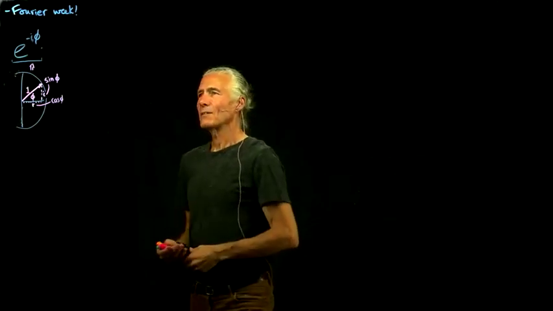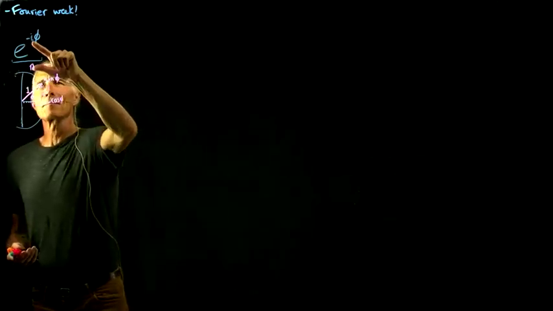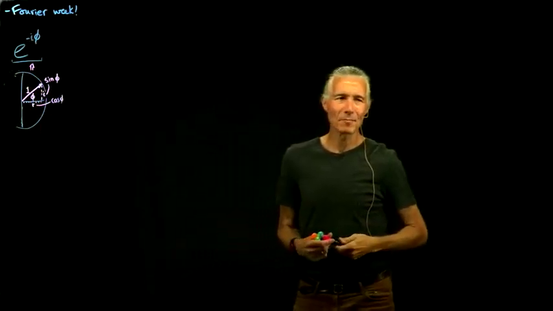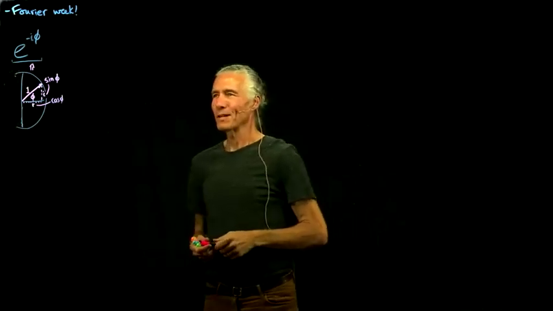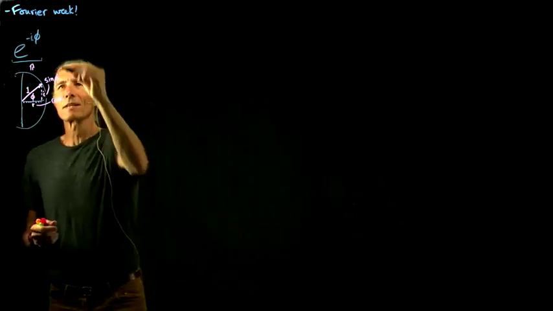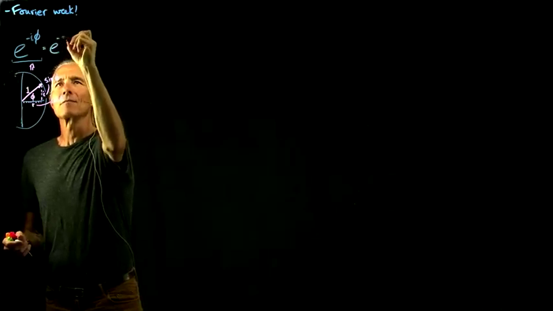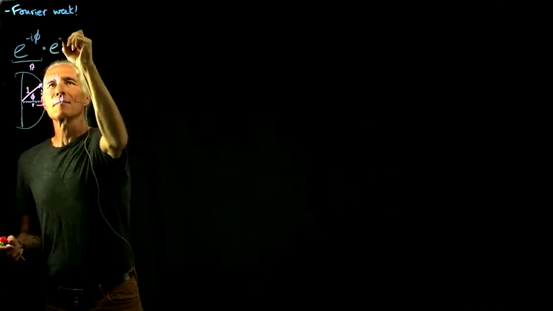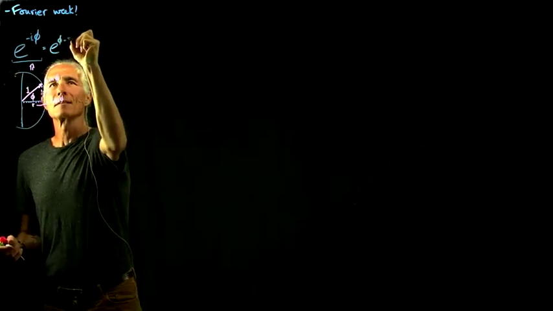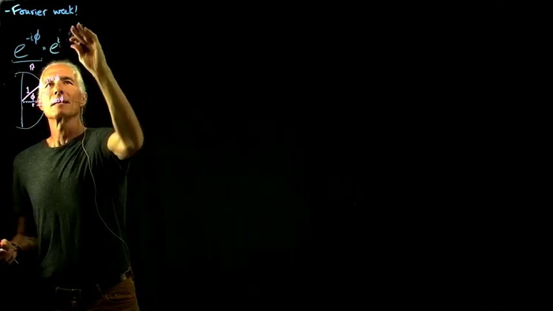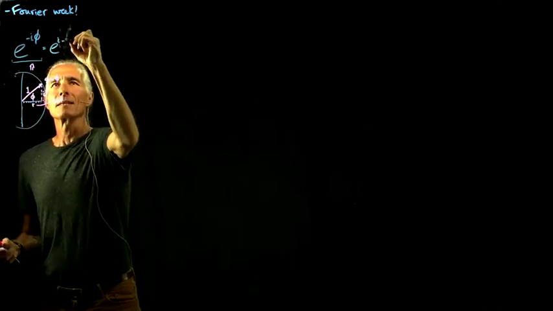A lot of times at the very beginning it's bad enough to have the imaginary unit up in the exponent, but then what about the negative? You could easily move that negative into the angle. So that's the same as e to the i times negative phi.